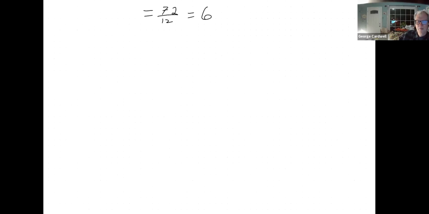Let's do the following. The next example I'll do is find the length of the curve. And what was the curve?